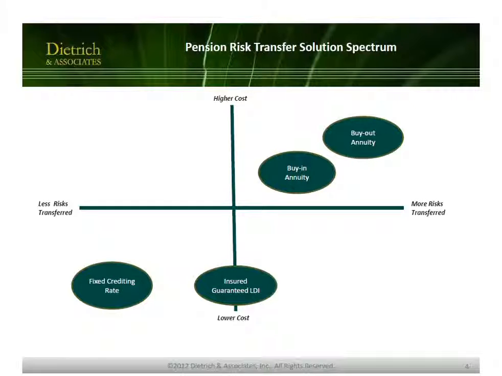If we move down a little bit to the left, we have the buy-in annuity, a relatively new structure. I believe it saw its first buyer around the middle of last year in the U.S. This is a structure that's largely similar to a buyout annuity, but a key difference is that the plan owns the annuity contract as an asset. So in essence, it reinsures the retiree liabilities.